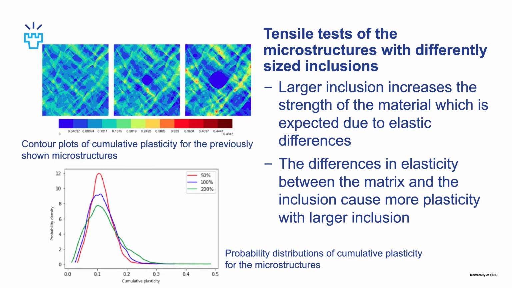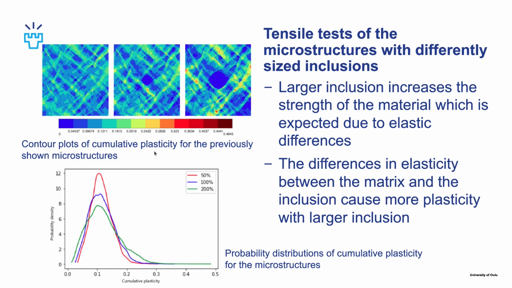And here we can see all the microstructures after the test, and the effects of elastic differences are again seen here, as for the smallest inclusion the plasticity distributes fairly evenly into the microstructure, and as the inclusion gets larger, the localization of plasticity is more significant, and it doesn't distribute as evenly into the material.